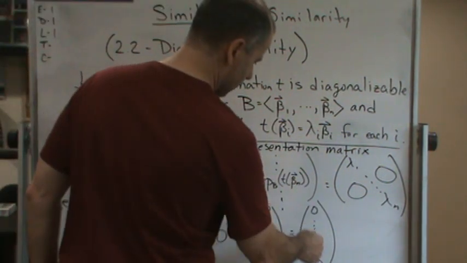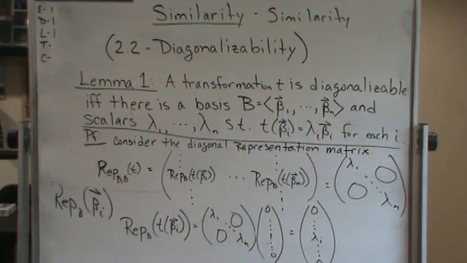It gives us the corresponding vector with the ith entry being lambda sub I, which is the stated action. And that's it.